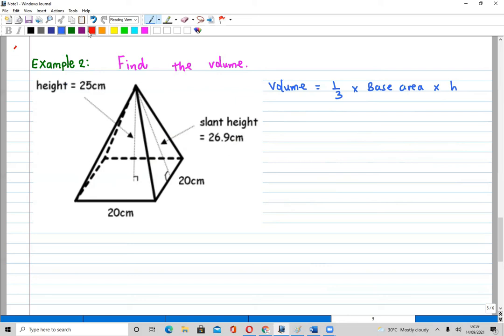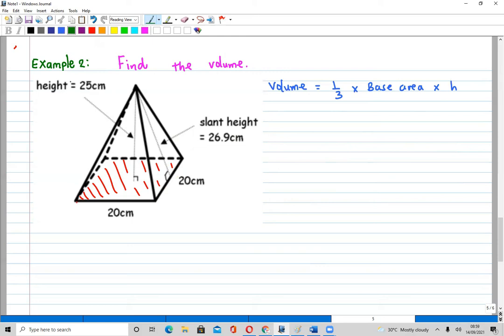Now, to know the base area, you must know what shape you have at the base. You see? So we need to identify the base. So this is our base. Since we have 20 centimeters by 20 centimeters, it means that our base is a square.